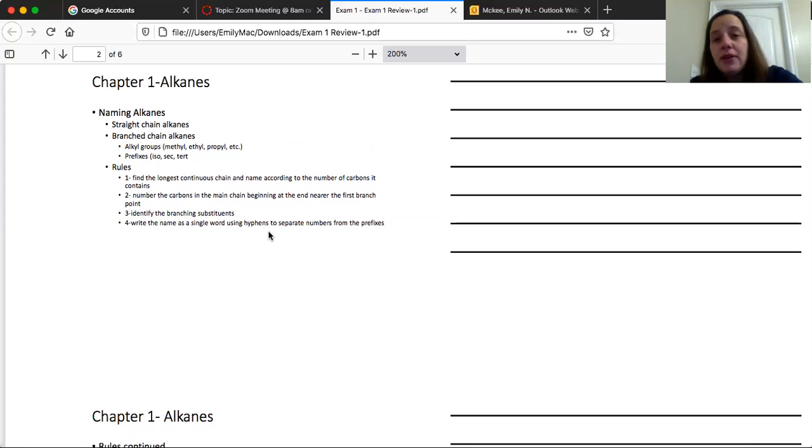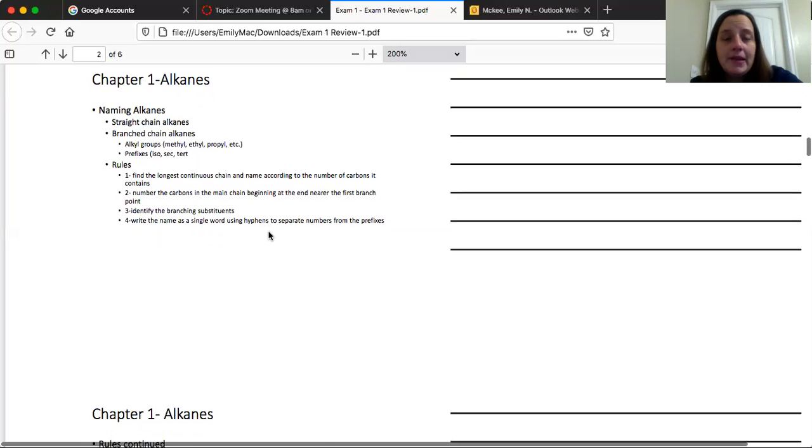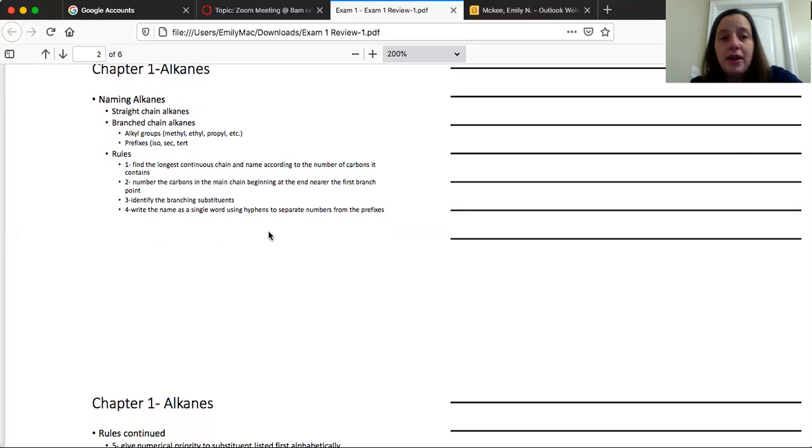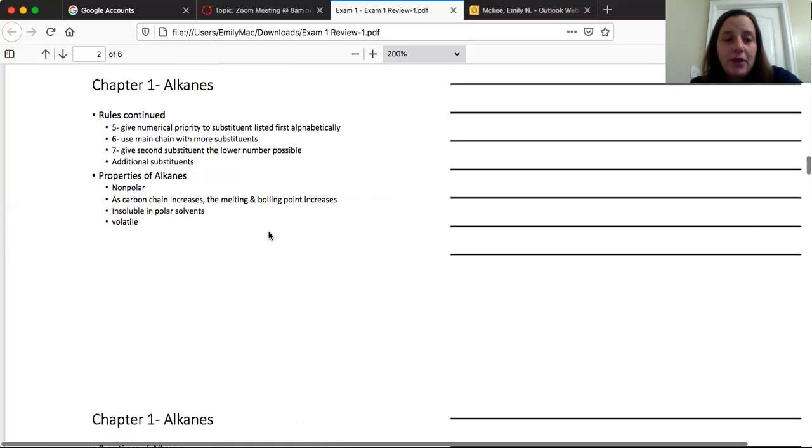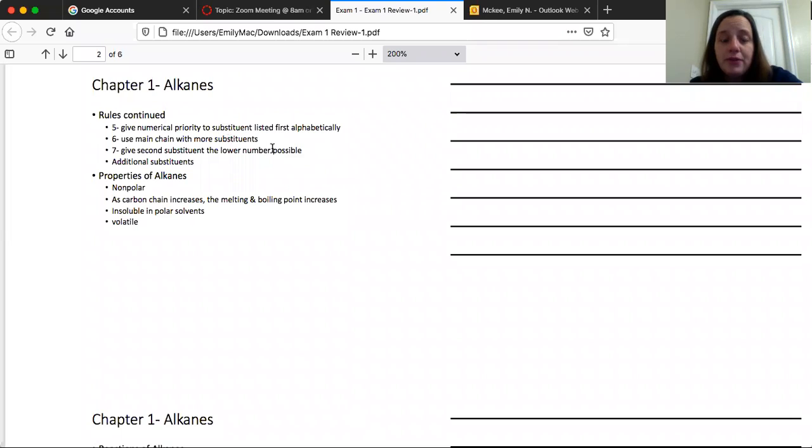Make sure to put commas between numbers and hyphens between numbers and words. And then list your substituents in alphabetical order. Oh, I have more rules down here. So we want the chain that has more substituents, so the longest chain with the most substituents. And then give the second substituent the lower number possible.